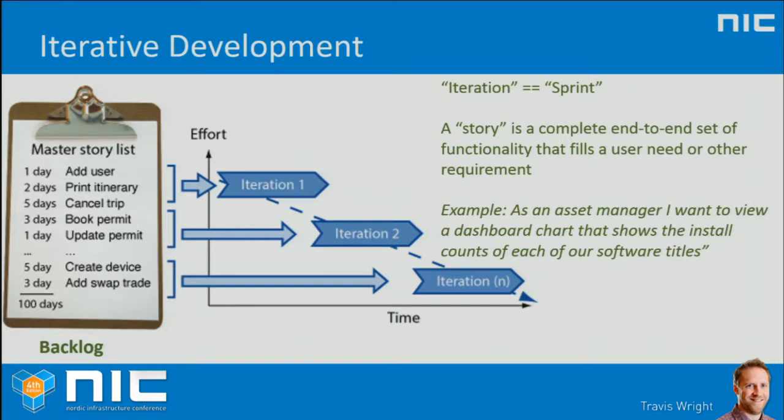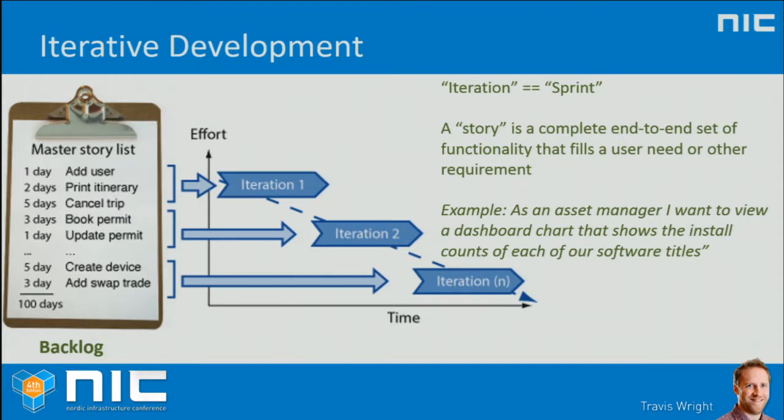And the way this works is that you have a big master story list, a backlog of things that you want to accomplish, that the customers have asked for. These stories are a complete end-to-end user experience to accomplish something. So a story might be something like, as an asset manager, I want to view a dashboard chart that shows all the install counts of each of our software titles.